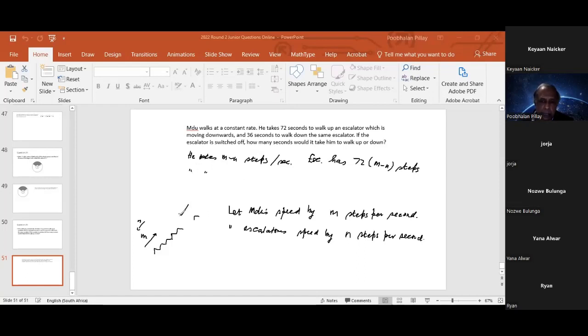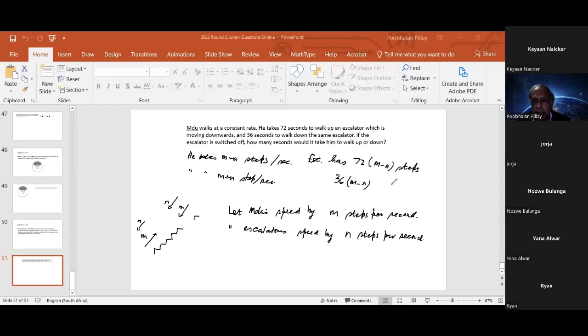When he's moving downwards, the speed of the escalator is helping him. So his downward speed is really m plus n. Right? And this time it takes 36 seconds to go from top to bottom. Right? And again, this gives you the number of steps in the escalator.